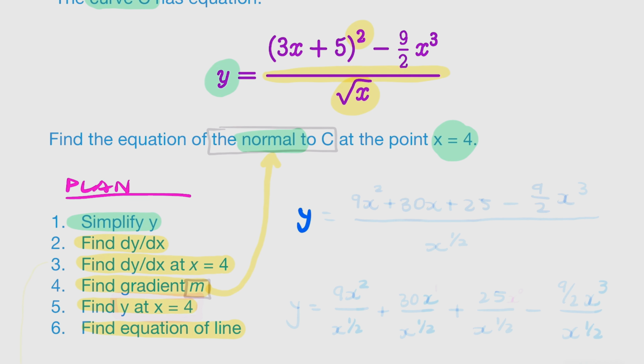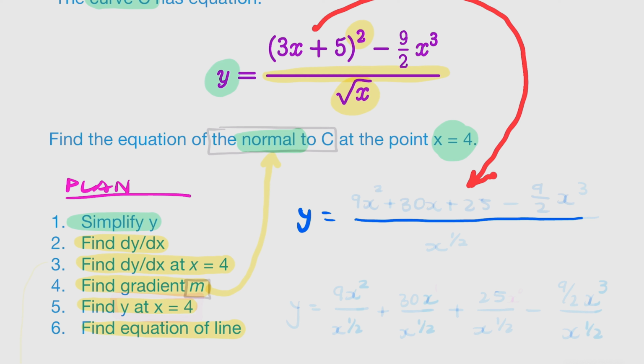So let me first simplify the numerator by expanding those brackets. So 3x plus 5 squared simplifies to 9x squared plus 30x plus 25.